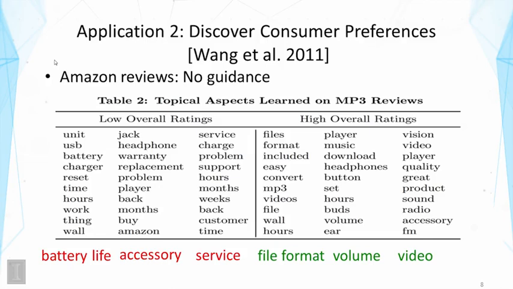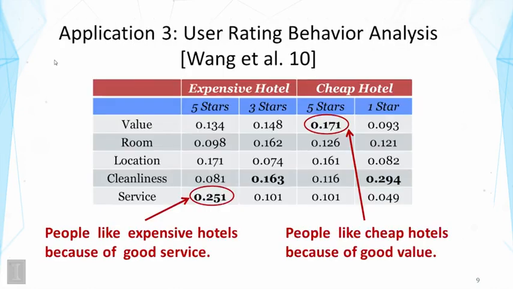So that can help us discover, for example, consumers' trends in appreciating different features of products. For example, one might discover the trend that people tend to like larger screens of cell phones or lightweight laptops, etc. And such knowledge can be useful for manufacturers to design their next generation of products.